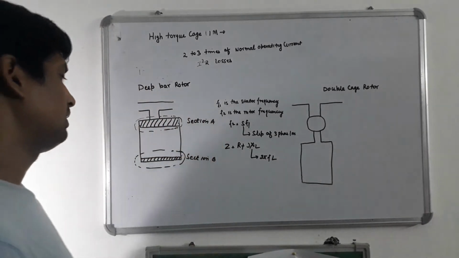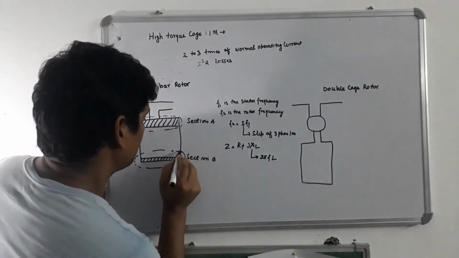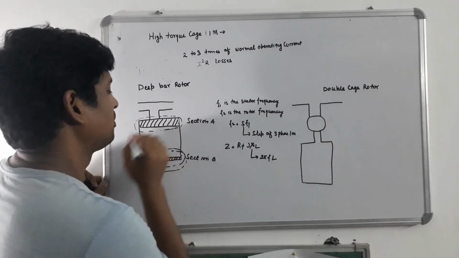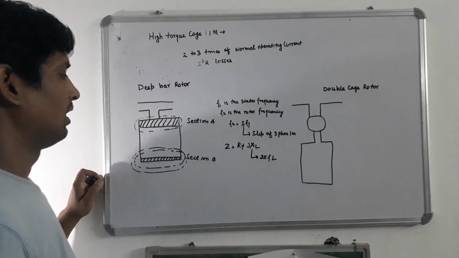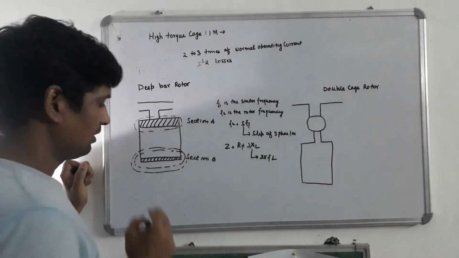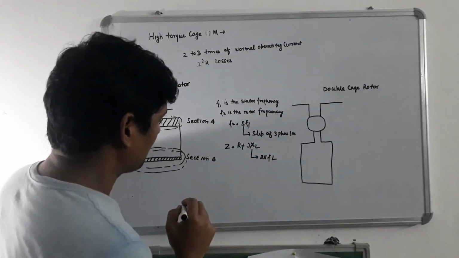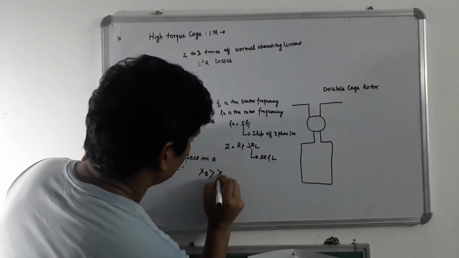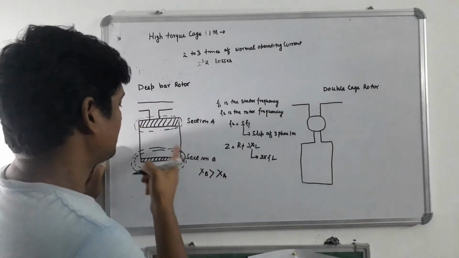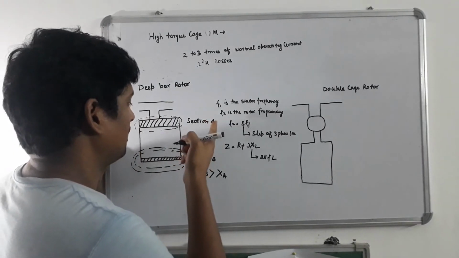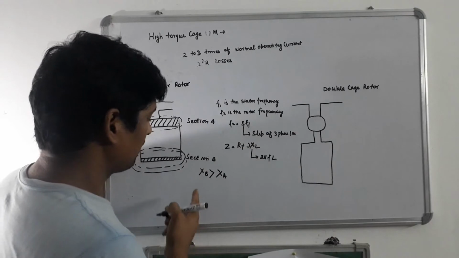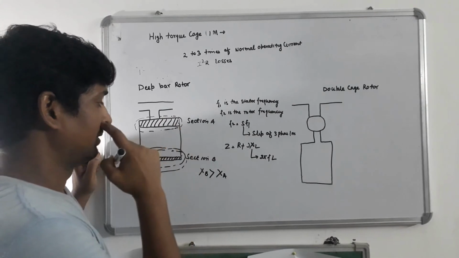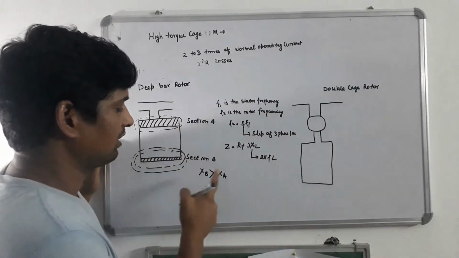There is higher flux linking to the cross section area B and minimum flux linking to the cross section area A. The inductance XB is greater than XA because the flux linking of section B is more than the flux linking of section A. That's why XB is greater than XA.